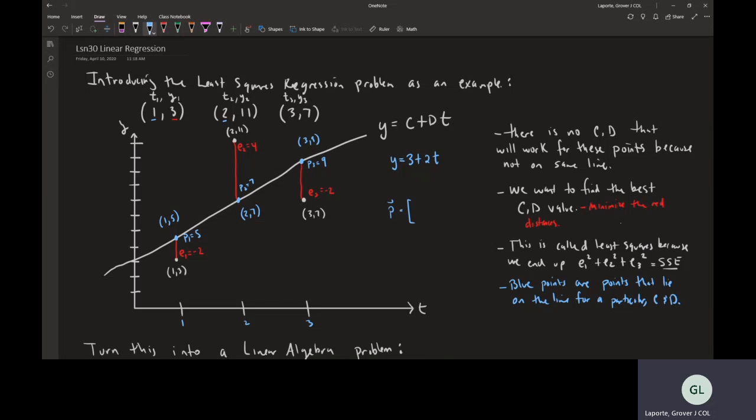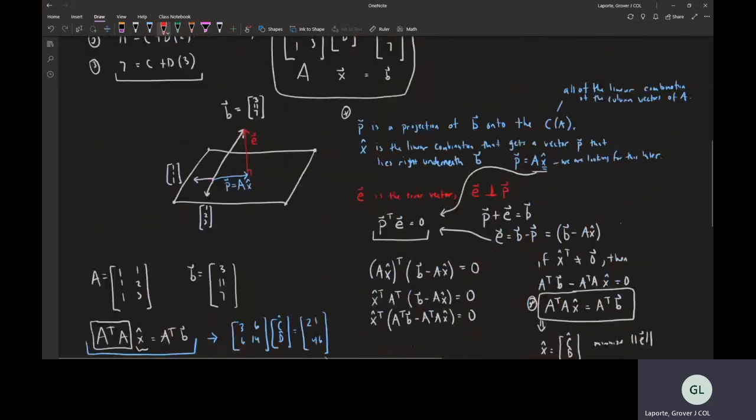So it was 5, 7, and 9. And then E, I guess I should do that in red. Then the red E was -2, 4, and -2. And if you summed these, it would go to 0, right? So that's why we do the squared of each one of these. Now let's see what that looks like below.